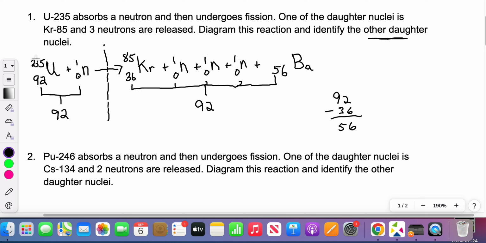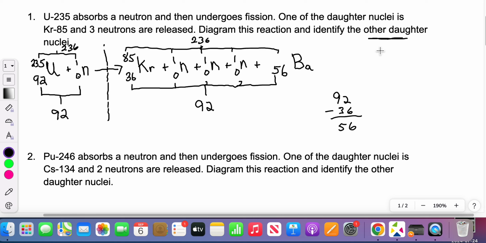Now, we're just going to do the same with the top. 235 plus 1 is 236. So all the numbers added together on the top have to equal 236. So if you added all these up, 85 plus 1 plus 1 plus 1 plus some number that we don't know, all those added together have to equal 236.